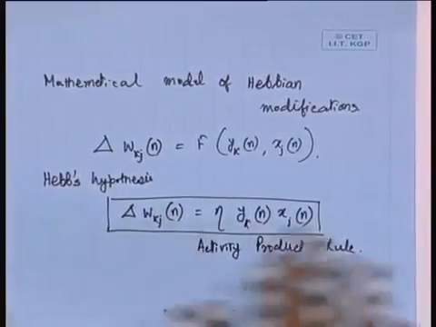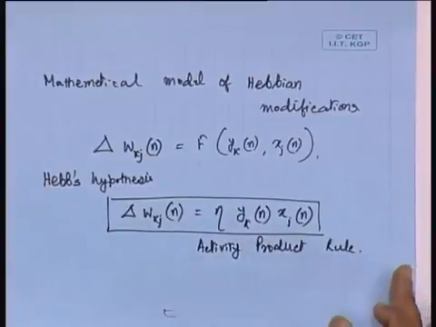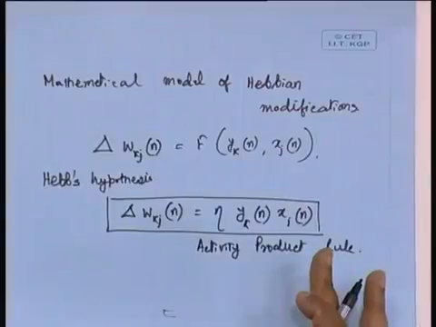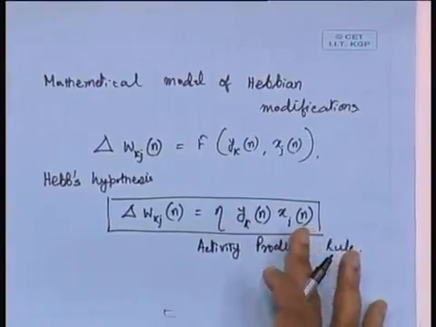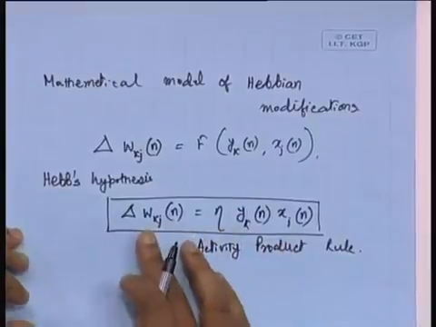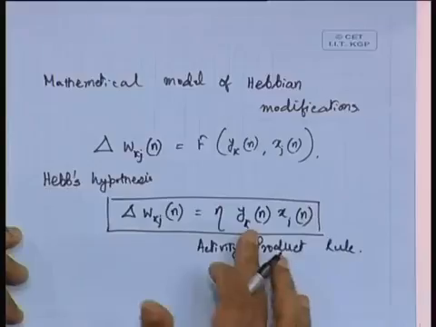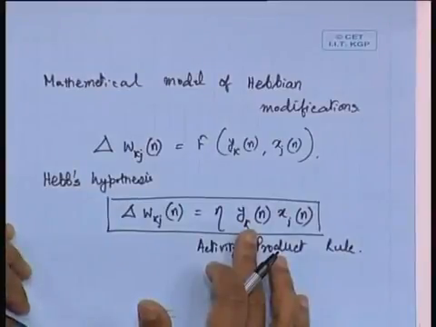Now, if we plot these, by keeping Xj constant, let us say we keep Xj constant and we vary Yk. Eta is of course a constant because eta is a learning parameter. So, keeping eta constant and keeping Xj also constant, we plot delta Wkj versus Yk. What is it going to be? It is going to be a straight line that passes through the origin.